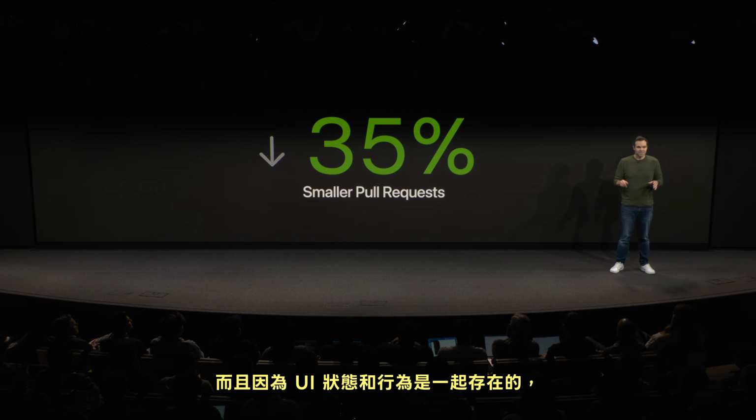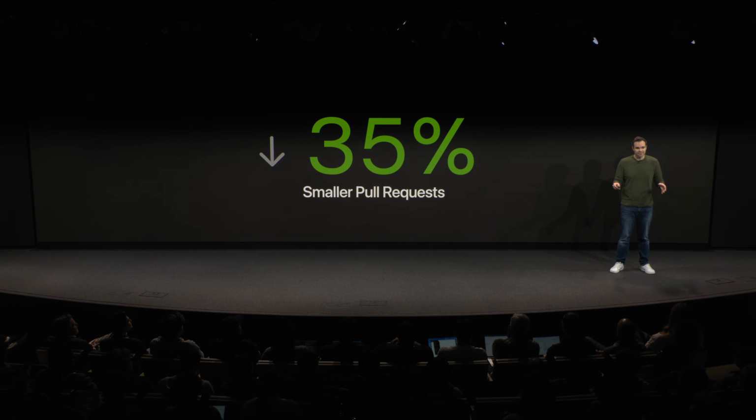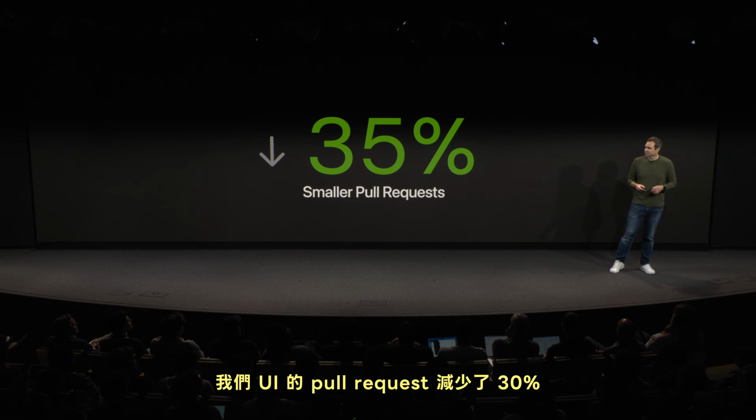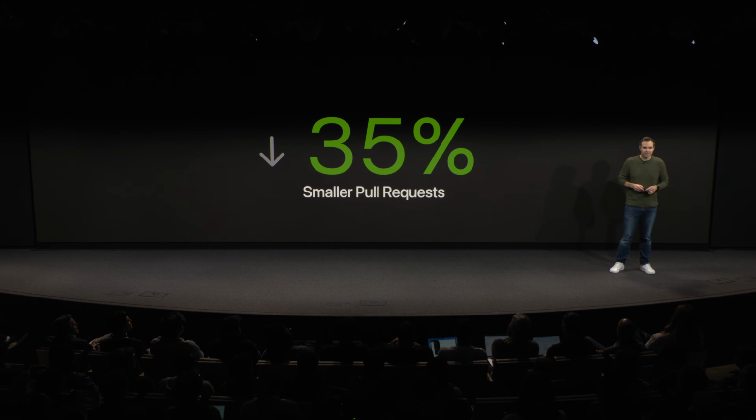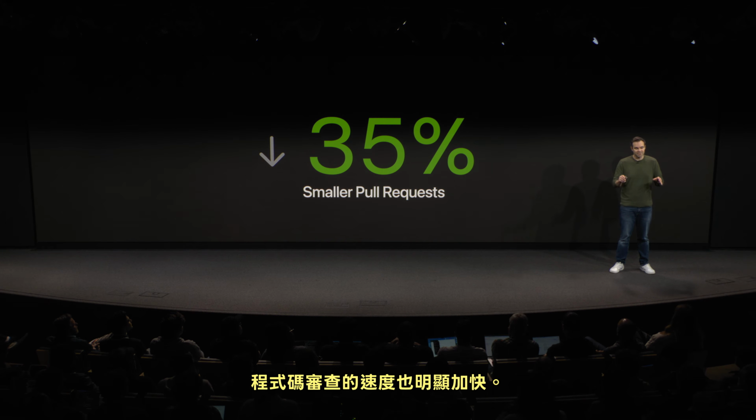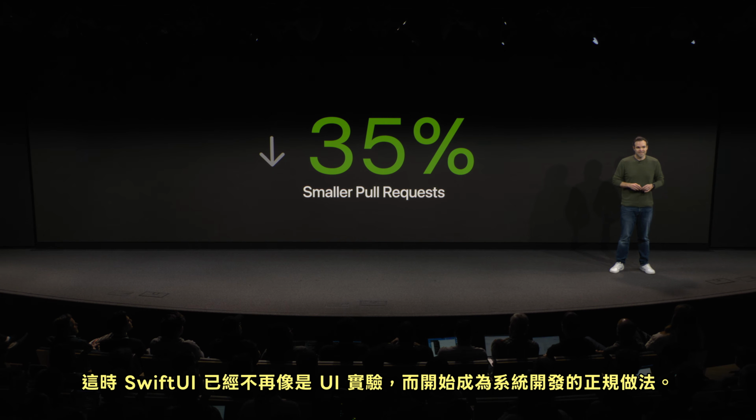And because UI, state, and behavior lived together, changes touched fewer lines. Our UI pull requests were 30 to 40% smaller, and code reviews got noticeably faster. That's when SwiftUI stopped feeling like a UI experiment and started feeling like the right way to build systems.